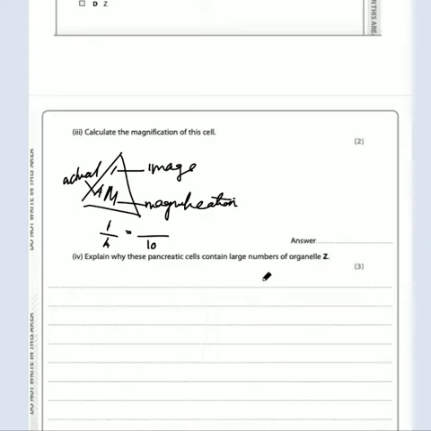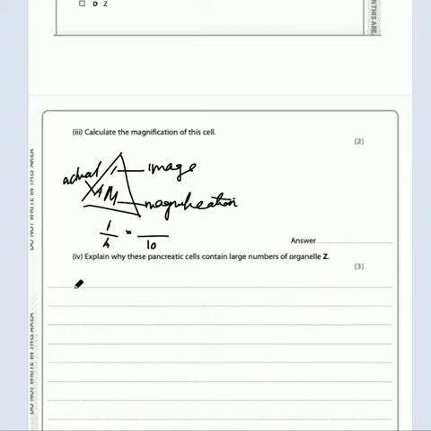Because the chances are that you've never studied the pancreatic cell, and actually this question is basically asking you, what is the role of organelle Z? That's it. So it's about having the skill to see what this question actually wants, because it's always something you've studied. So actually this question is just asking you, what's the role of organelle Z? And you've studied the role of mitochondria.